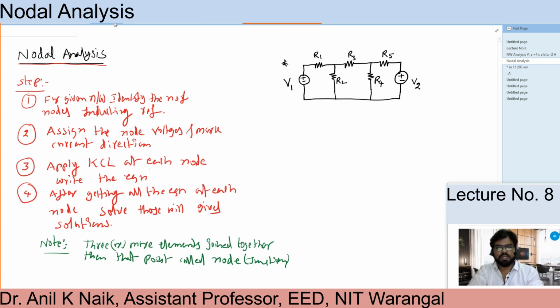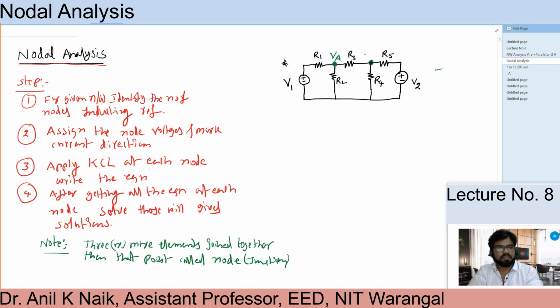Now come back to this network and see here. I need to identify what nodes I have. I can find three or more elements at this particular point, and three or more elements at this other point, and I can write this as node 1.